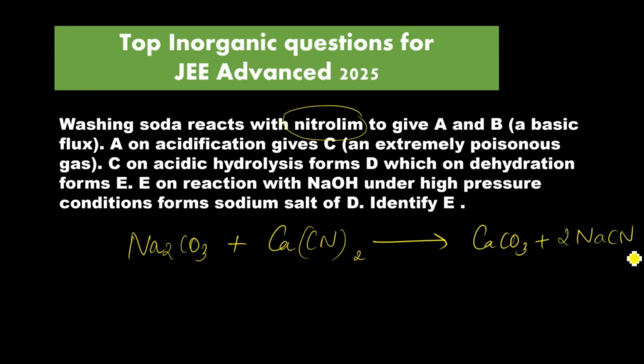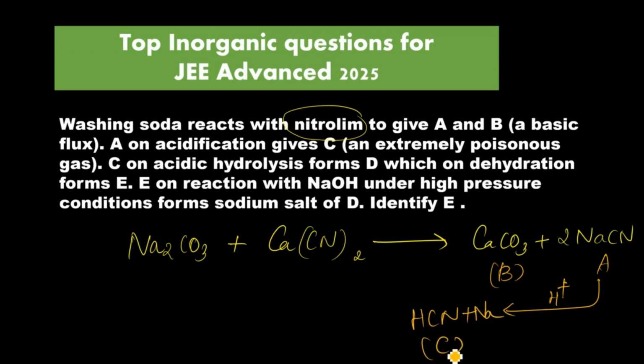B is the base, and A is sodium cyanide. That is also poisonous, but extremely poisonous on acidification, which will give HCN and sodium salt. So this is our C, isn't it?